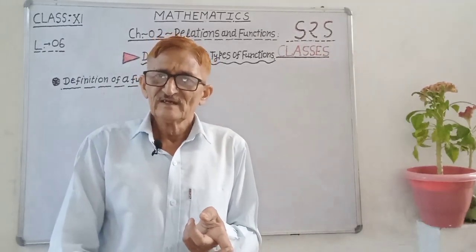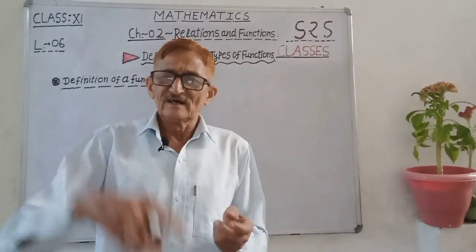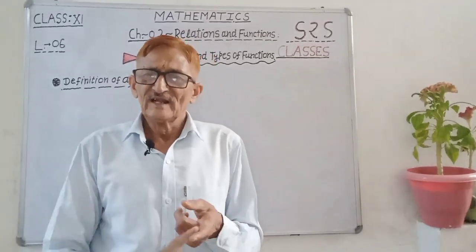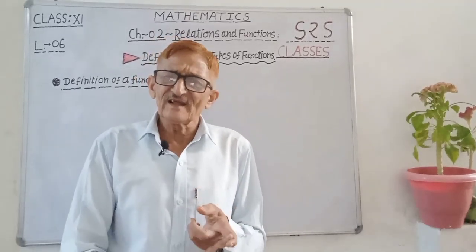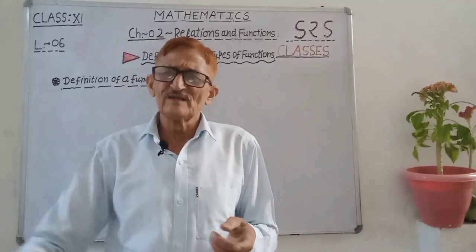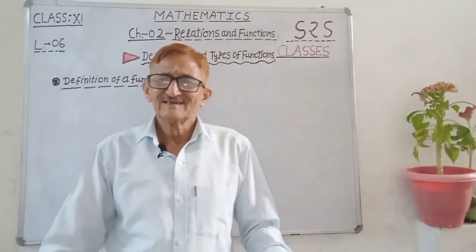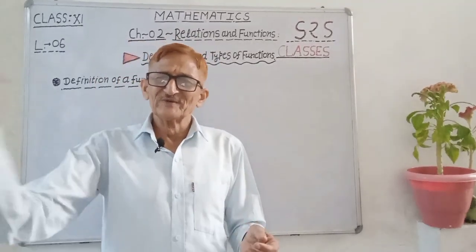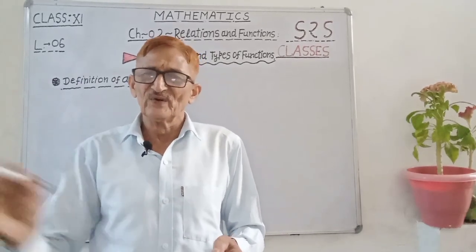For example, take set A as 1, 2, 3 and another set as 2, 3, 4. In the relation, every element can make ordered pairs: 1 to 2 also, 1 to 3 also, 1 to 4 also, then 2 to 2, 2 to 3, 2 to 4, like this.